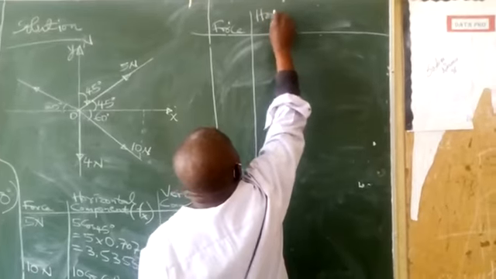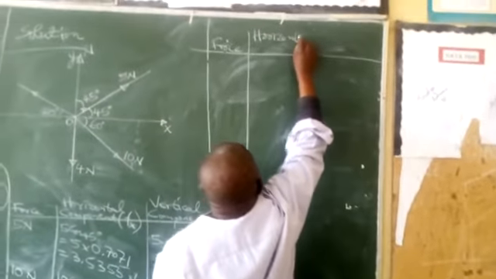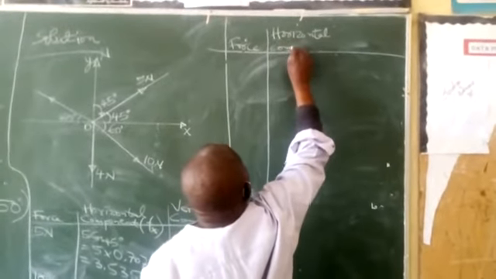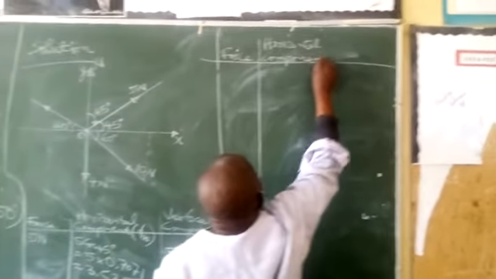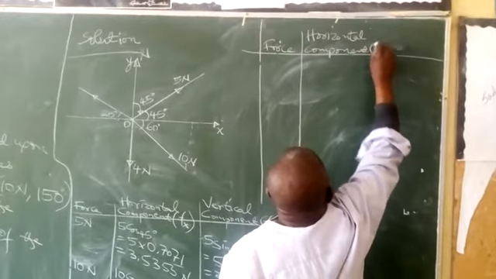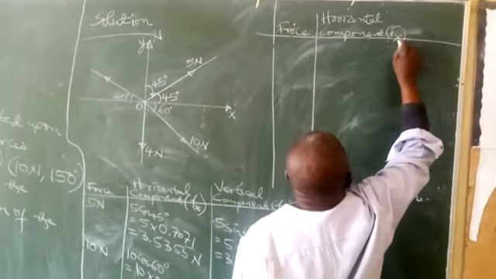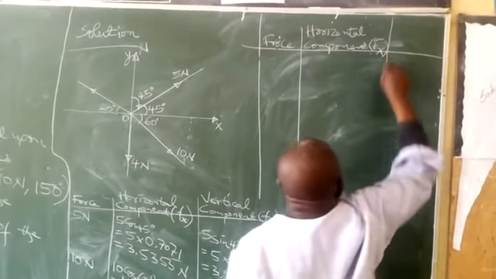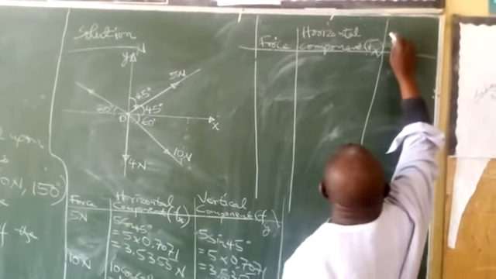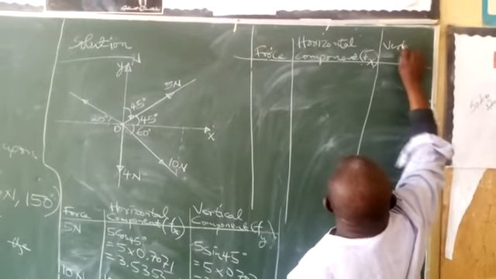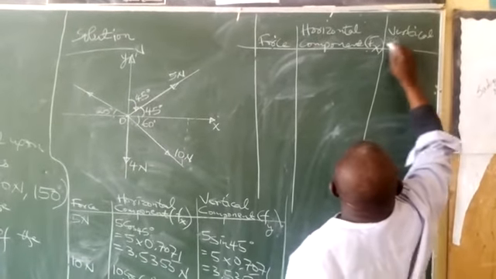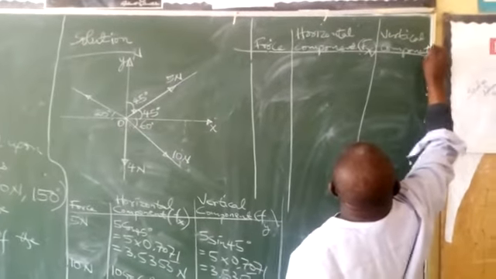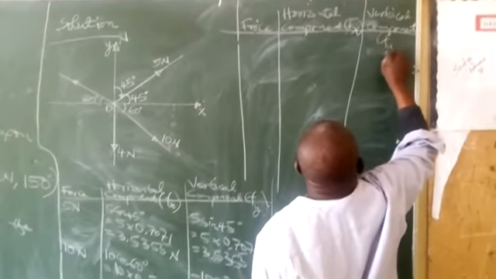Horizontal component, F of x. Then vertical component, that is F of y.